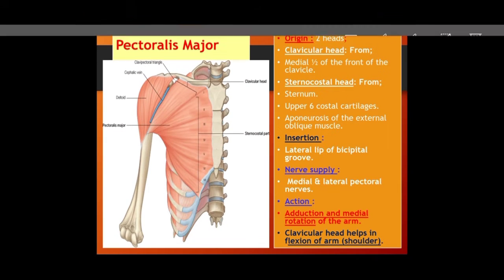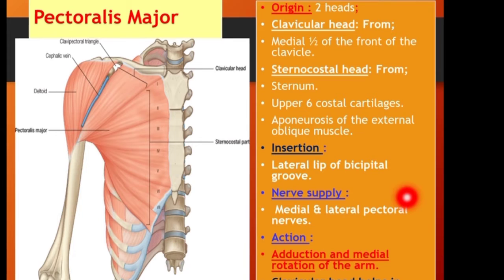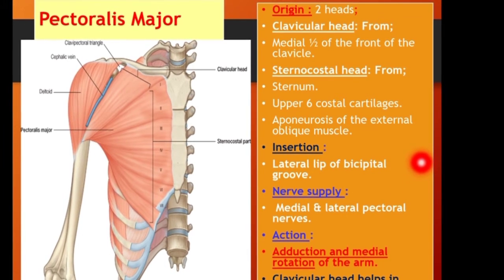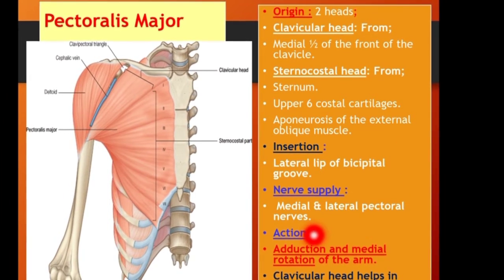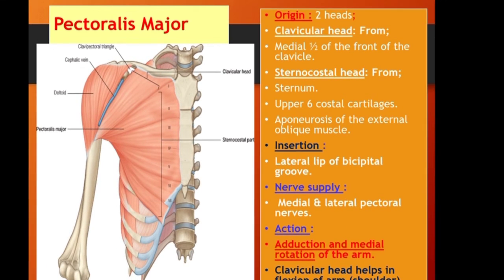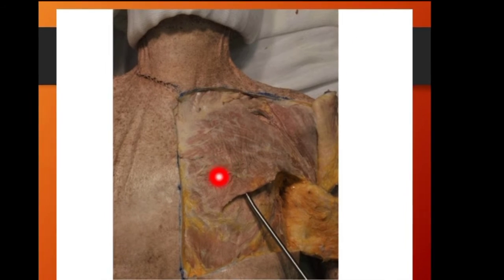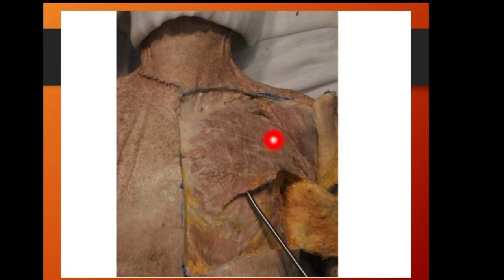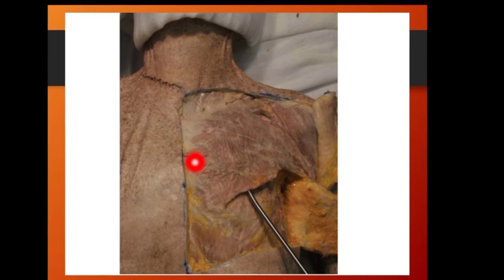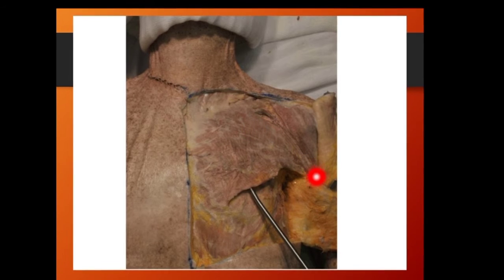This is the bicipital groove of the humerus, where it is inserted in a U shape. Nerve supply is the medial and lateral pectoral nerves, and action is medial rotation of the arm. The clavicular head helps in flexion of the arm at the shoulder. In the next diagram, this muscle is pectoralis major, inserted in the bicipital groove.